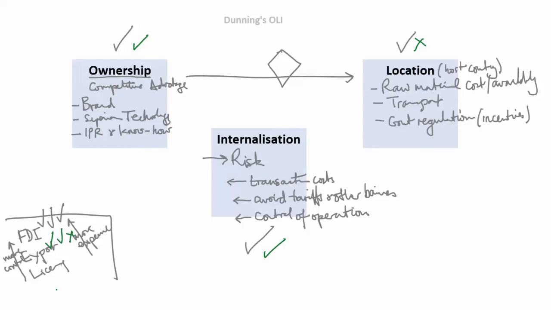They want to internalize because they want to make it themselves, they want to reduce transaction costs, but there's nothing in the location because they're using high technology stuff which is sourced from around the world. Then exporting to agents who do the selling would be a viable option.